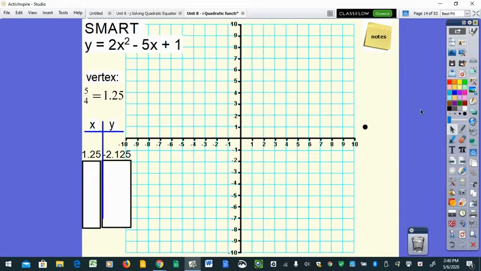Now this one is kind of a nasty one to graph. If I go to graph this one at 1.25, -2 and a bit, the vertex is somewhere around there. Here is one of those cases where trying to use the axis of symmetry is going to be a little bit confusing.